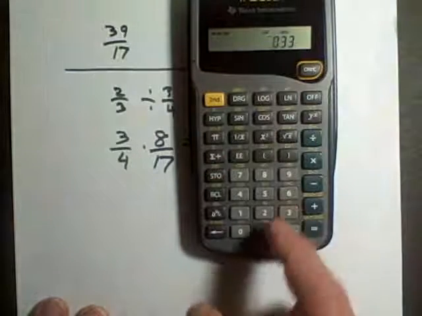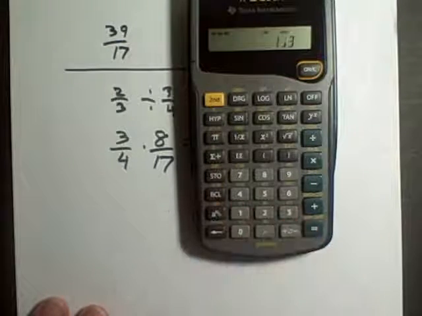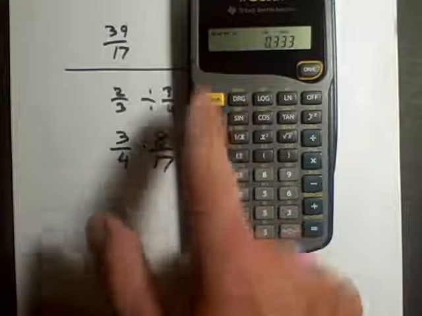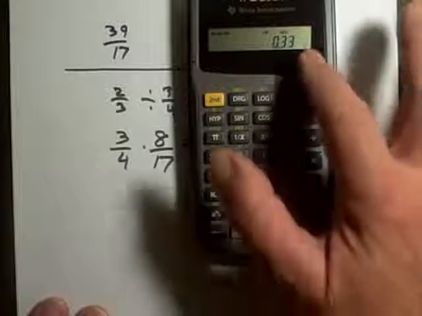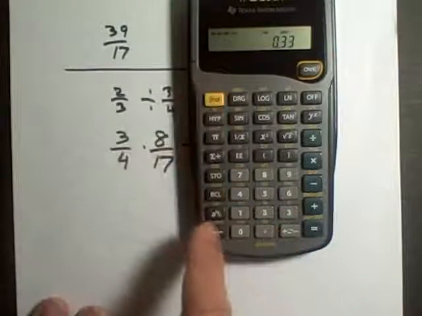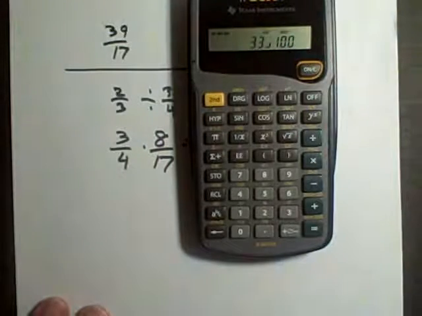I'll put in 0.33. Well, let me do it this way. 1/3, that's a fraction. And let me convert that to a decimal. Now, if I fix that to 2 decimal places, 0.33, you might think, well, that's the answer. So now I'll take 0.33, and I will try to convert that to a fraction, and what it gives me is 33/100ths, because 0.33 was only an approximation of 1/3. 1/3 is actually 0.33333 forever.